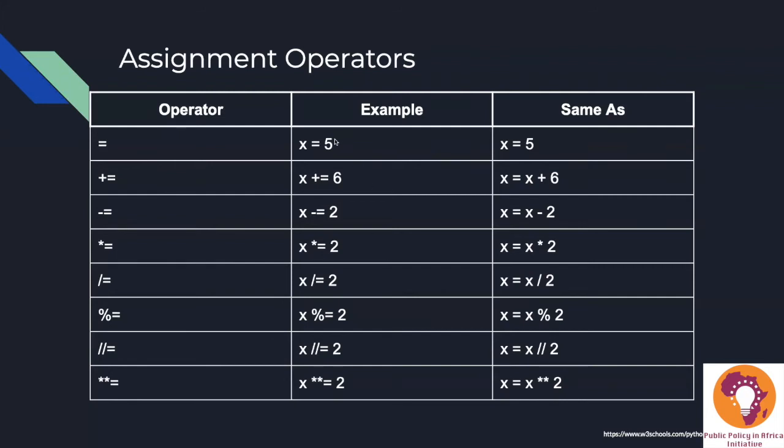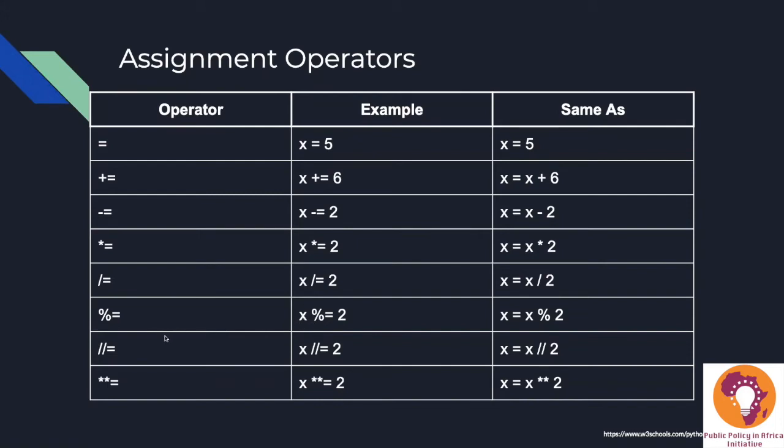So assuming x equals 5 initially, x modulus equals 2 is doing x modulus 2 and then assigning that back to x. So we end up with 1 stored in x, because the remainder after evenly dividing x by 2 is 1. So instead of the 2.5, we end up with 1 in this case.